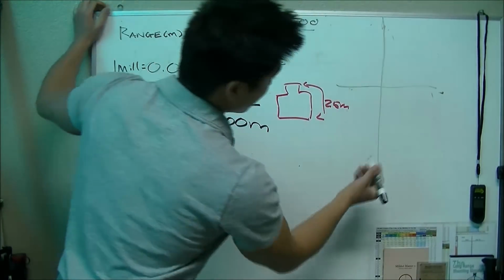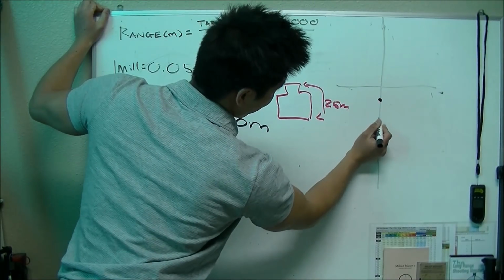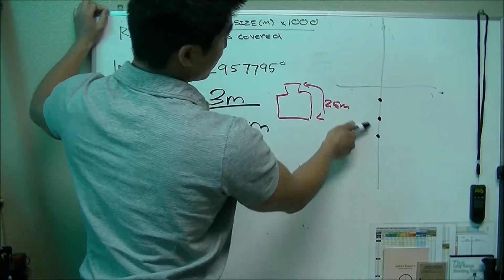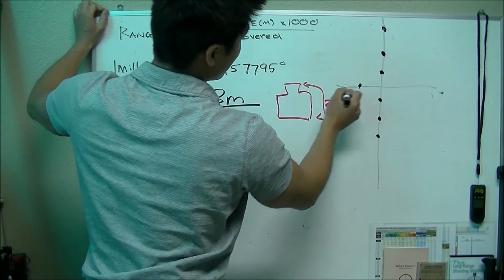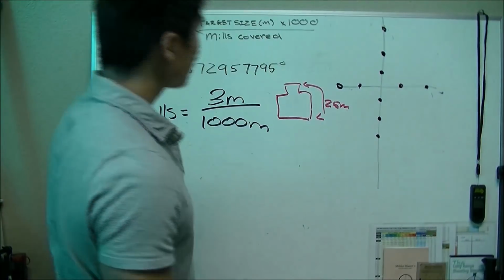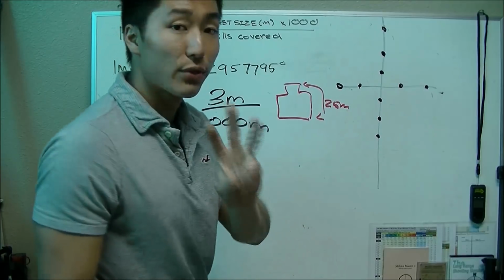So each hash mark, or we'll just go with the round dots, the mil dots, right? Okay, 1, 2, 3. This is not to scale, by the way. And let's say, last time it covered only 1 mil, right? This time, it's going to cover 3 mils.